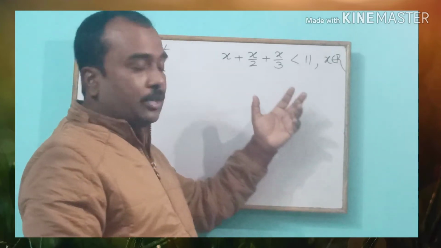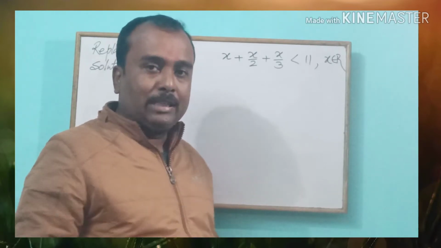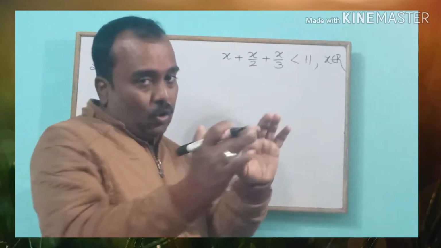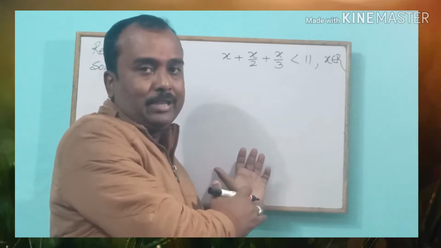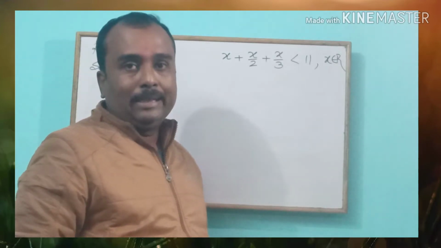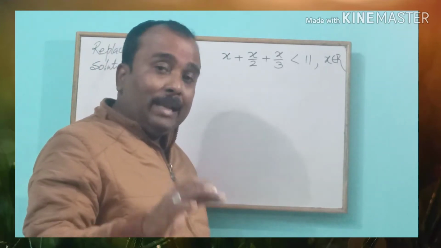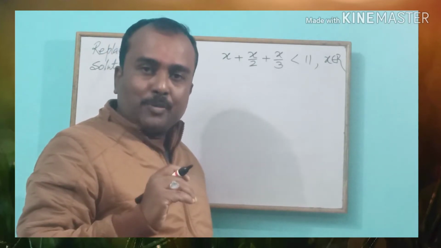If there is any fraction part, take the LCM and remove the fraction, or if there is a decimal part, remove the decimal, and bring all the x terms together on one side, maybe on the left side or on the right side, and the constants on the other side, and then make the coefficient of x as 1. These are the three steps you should follow.